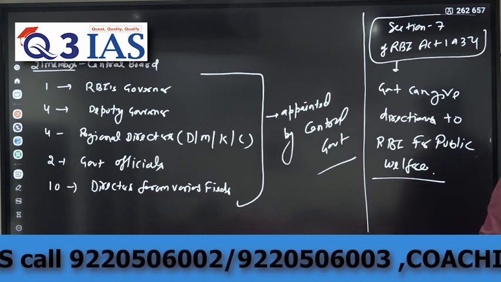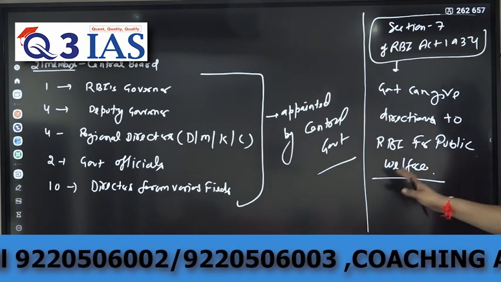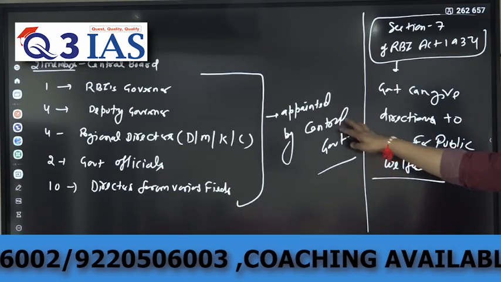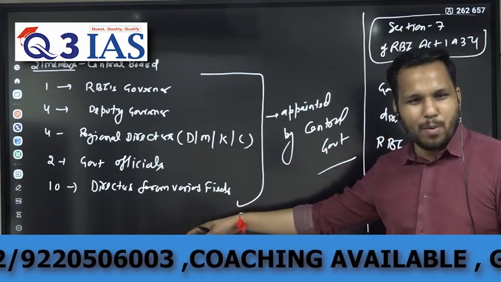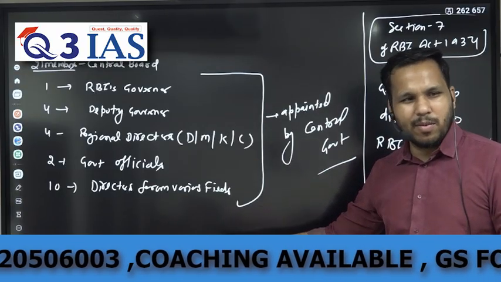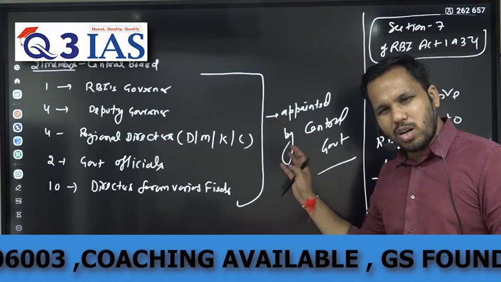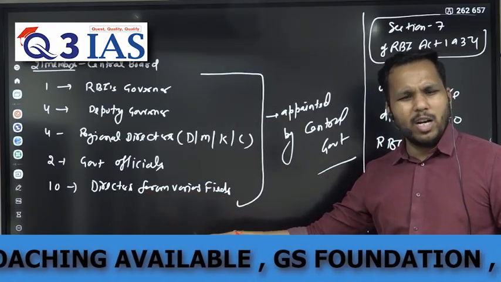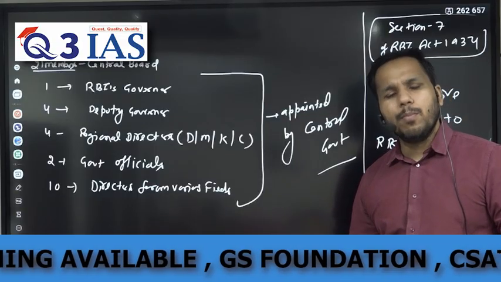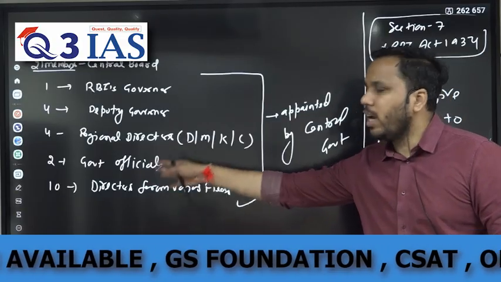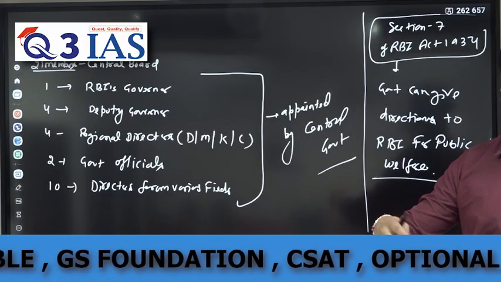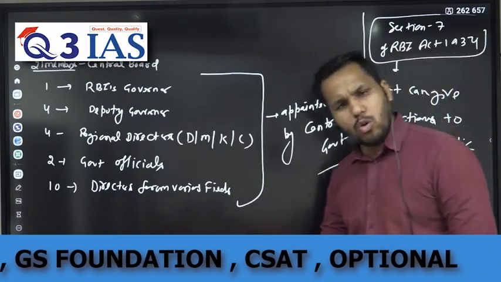So in that case, generally what we find is that the central government appoints such type of person who generally considers the recommendations provided by the government. They do not reject them, and they also advise the government on which recommendations are good and which are not good.